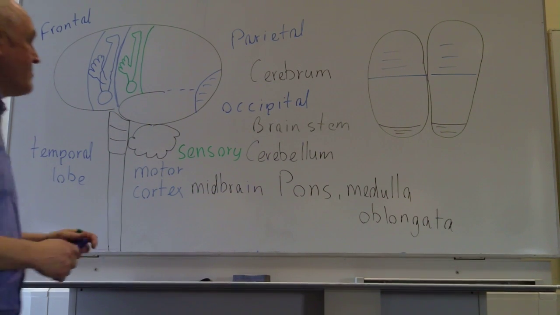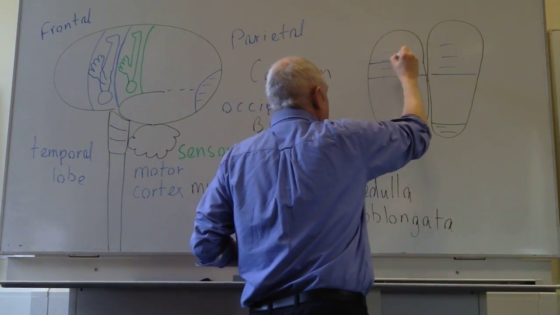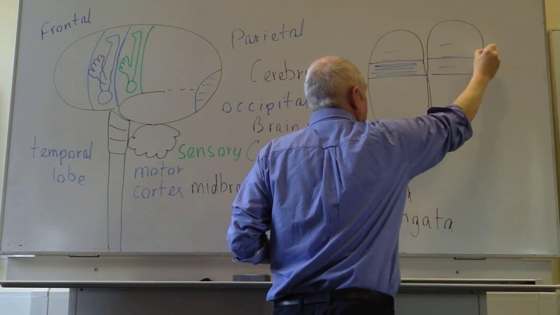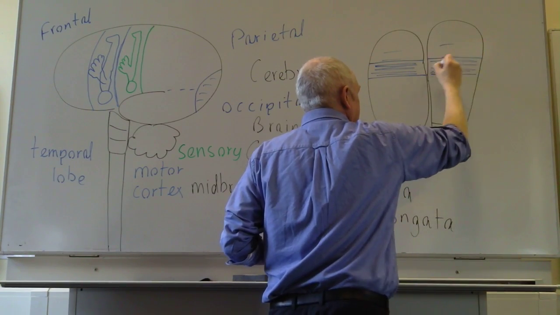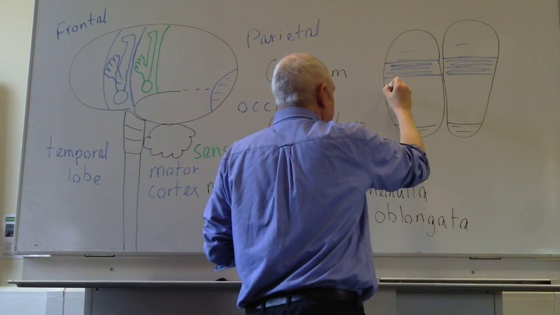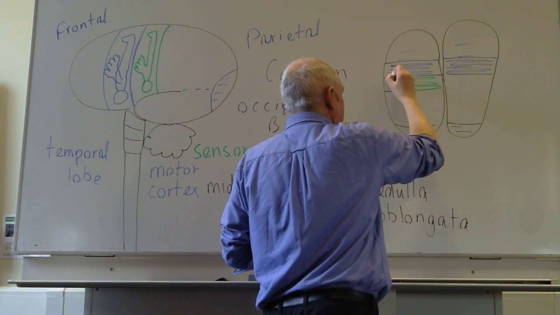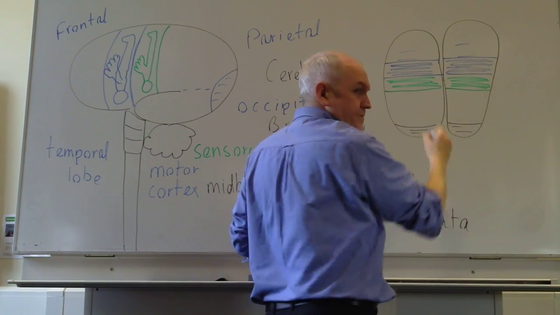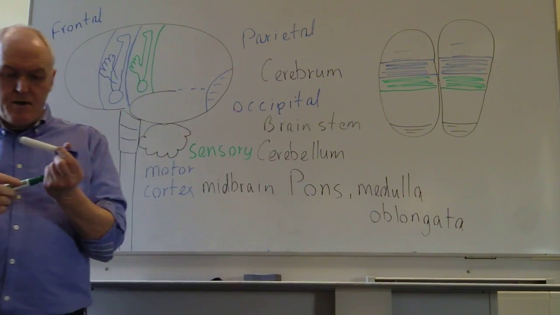So on this diagram, the motor cortex will be in this area here. And the sensory cortex will be in this area here, in the parietal lobe.